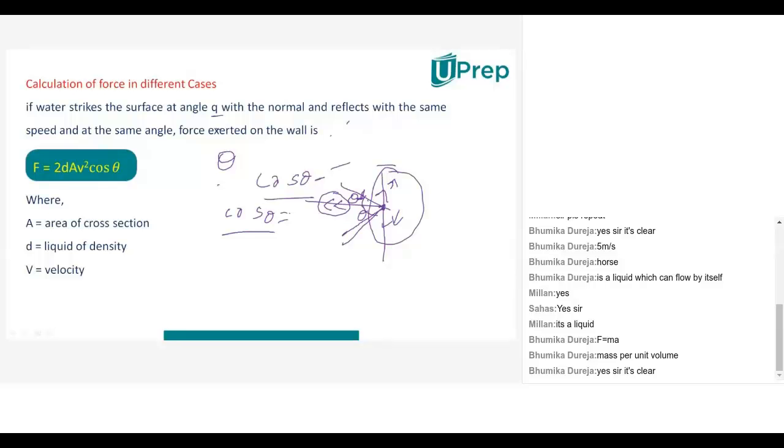Generally, this cos theta, sec theta, cosec theta, all will be defined in one triangle, which is called a right angled triangle. In a right angled triangle, one angle will be 90 degrees and the other angle will be there like this, and let us take this as theta.